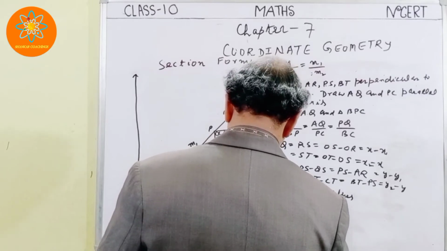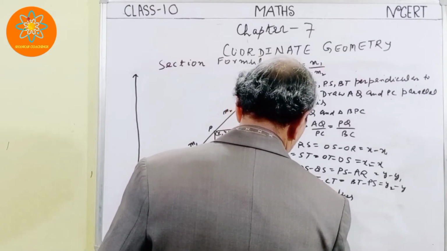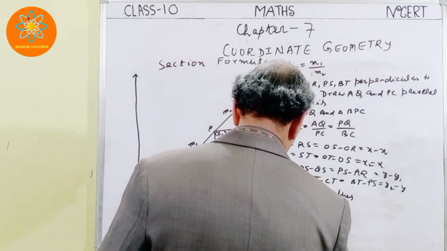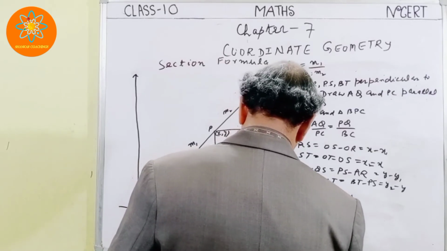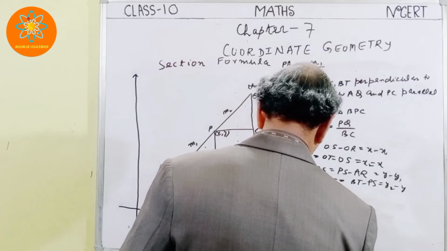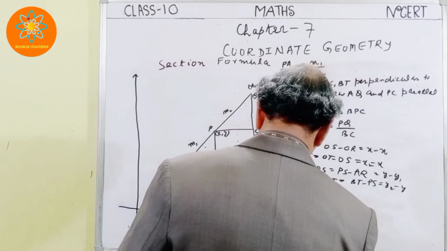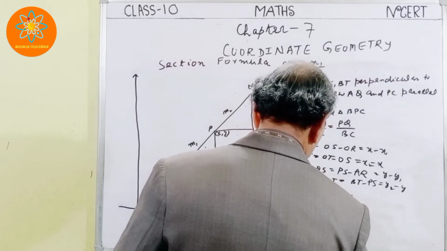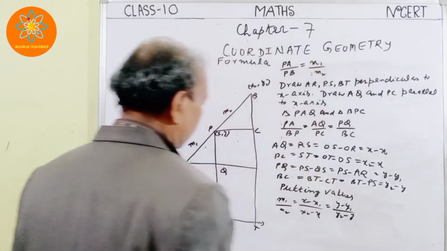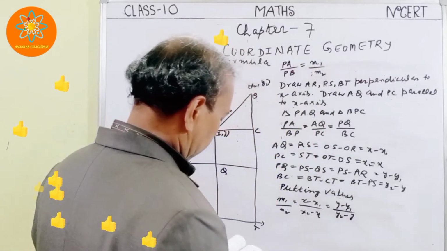M1 by M2 is equal to X minus X1 divided by X2 minus X, which is equal to Y minus Y1 divided by Y2 minus Y.